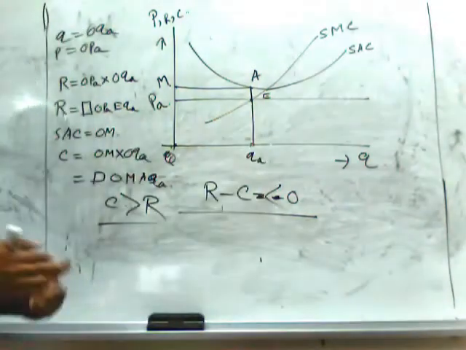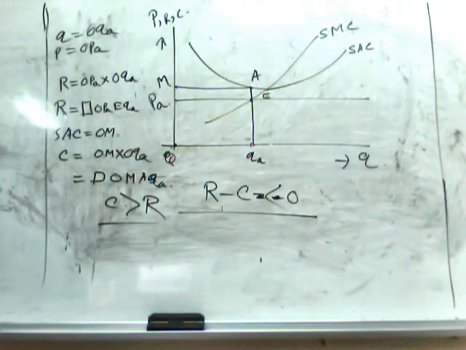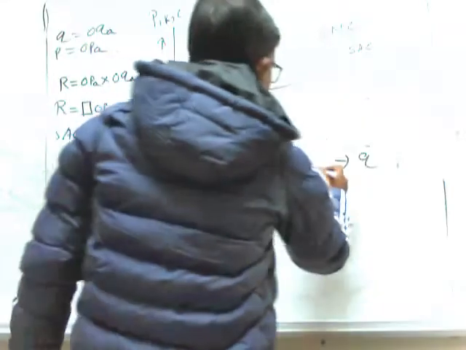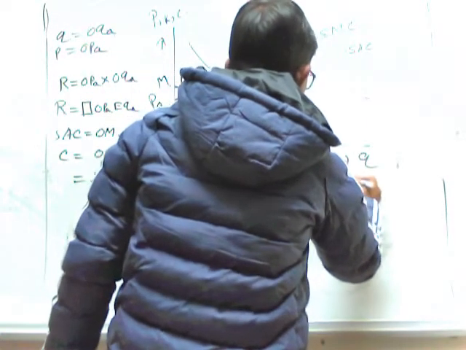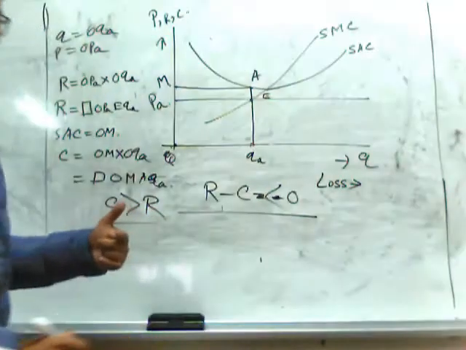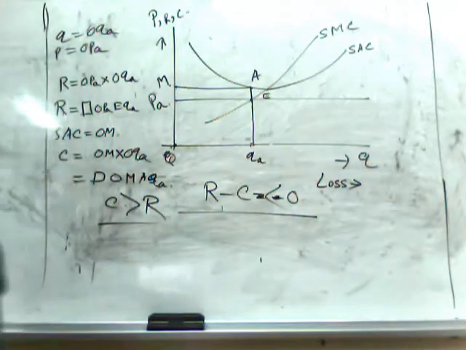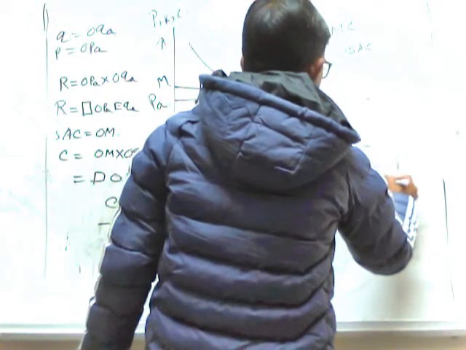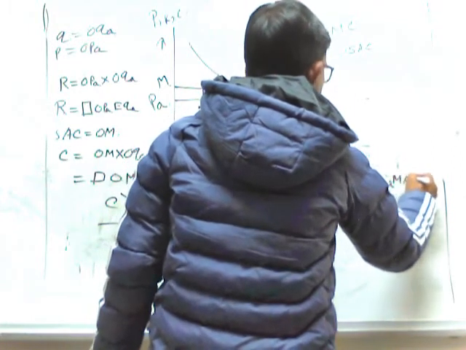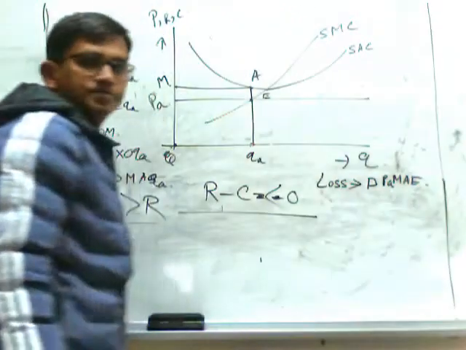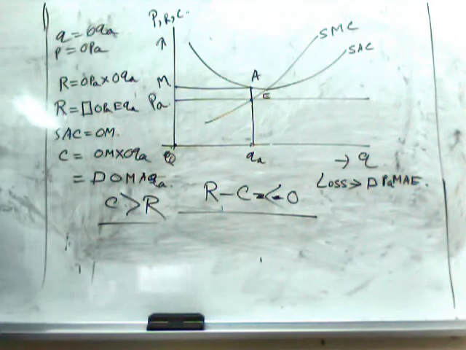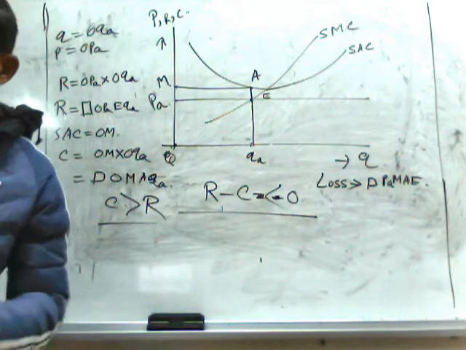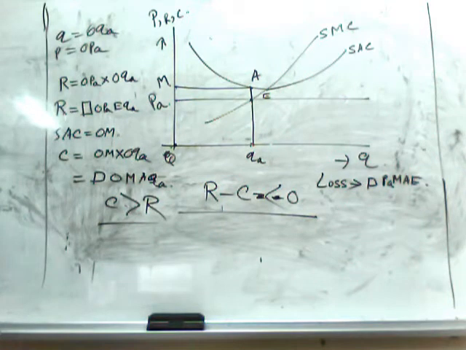So the difference is the loss. So in this case the firm is facing a loss, which is represented by the area of the rectangle PAMA. So this is the third instance where the firm is facing a loss.